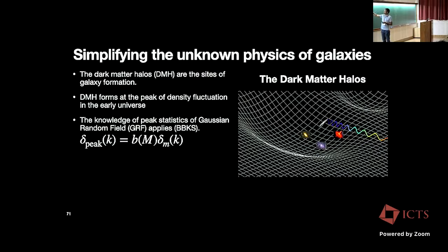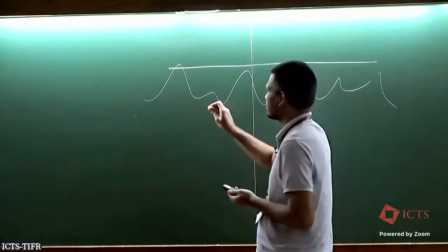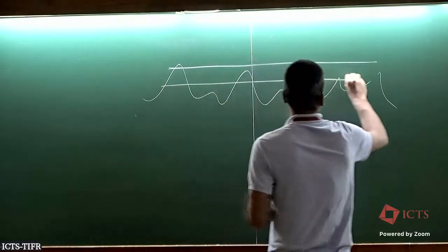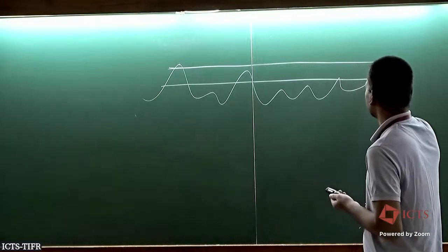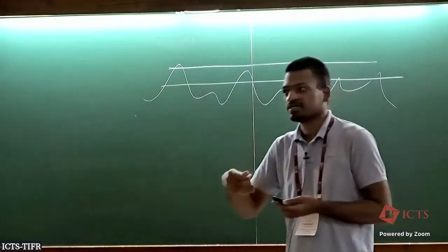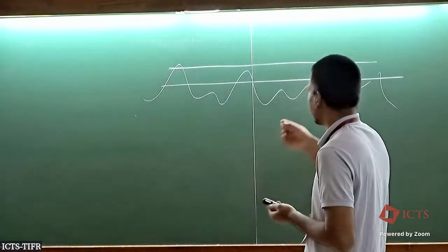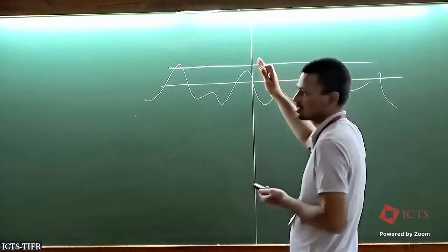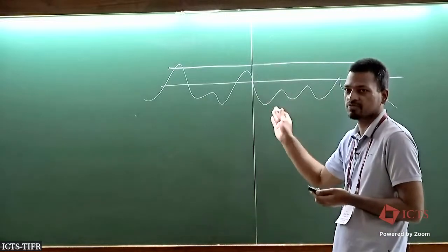So when you change the threshold at which you are looking at these things, that gives you a different realization of the peaks. If you go to a lower threshold, you're going to get a different realization of peaks. Now you're looking at even smaller peaks. These smaller peaks will have smaller masses, and then the amplitude you are going to calculate in terms of the overall clustering is also going to be a function of mass.